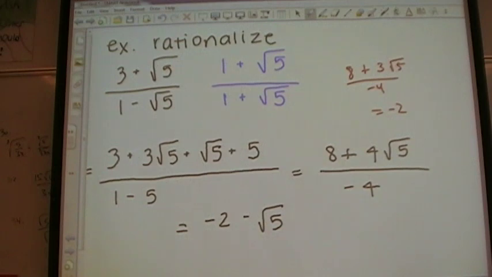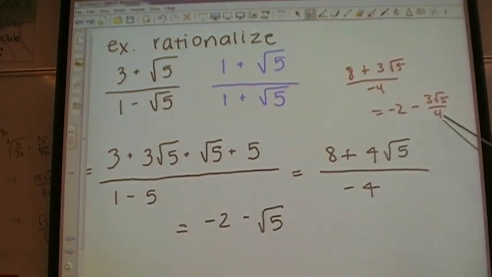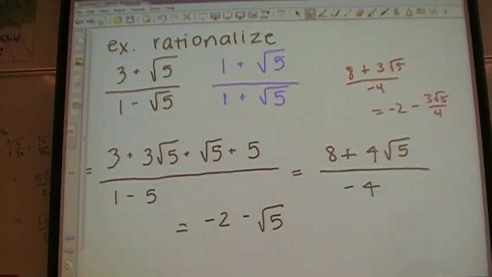And you would just leave the 3 root 5 over 4. That would be your final answer if you could only divide one of the numbers by 4. Why would you leave the 4 there? Because I can't divide 3 by 4. You can't just divide this part by 4. If you didn't put that 4 in there, that is what you would be doing.